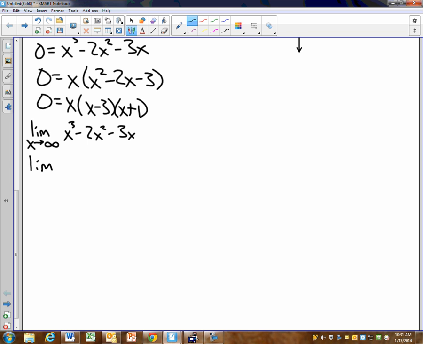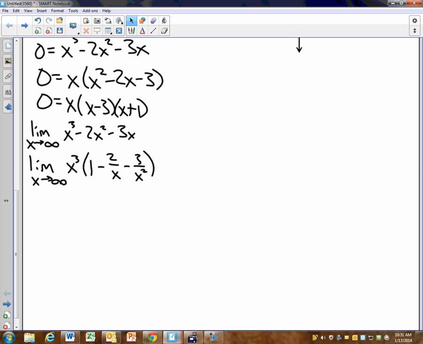So you have the limit as x goes to infinity of x cubed times 1 minus 2 over x minus 3 over x squared. What's going to happen?